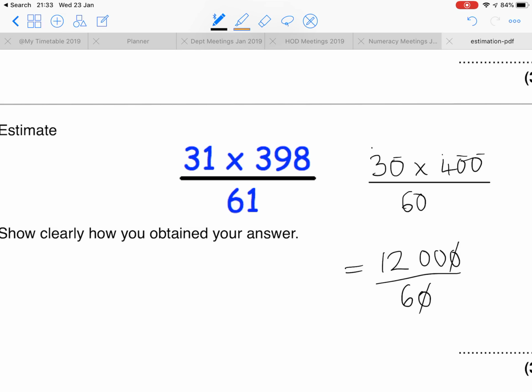Only one cancel. And then we say how many 6s in 12. 6 goes into 12 2 times. 0 0, 200.